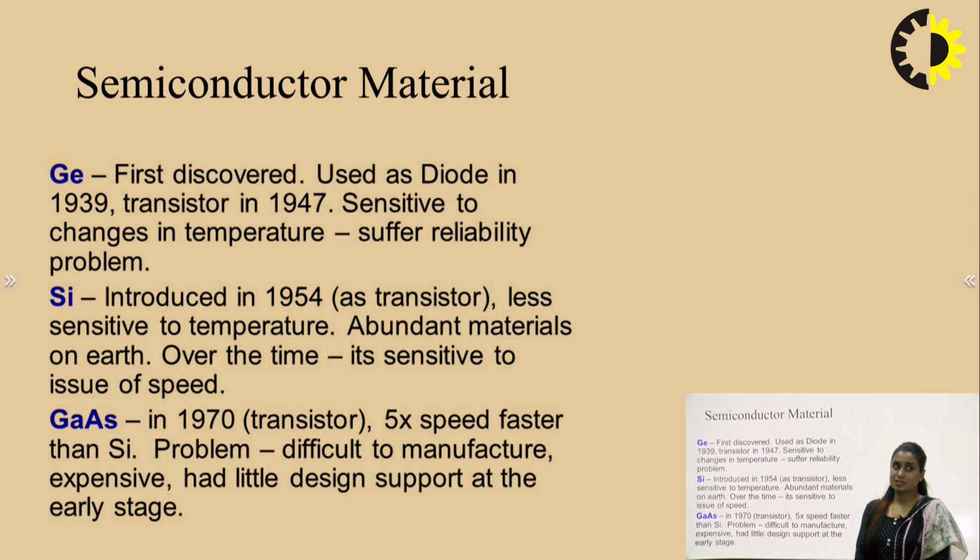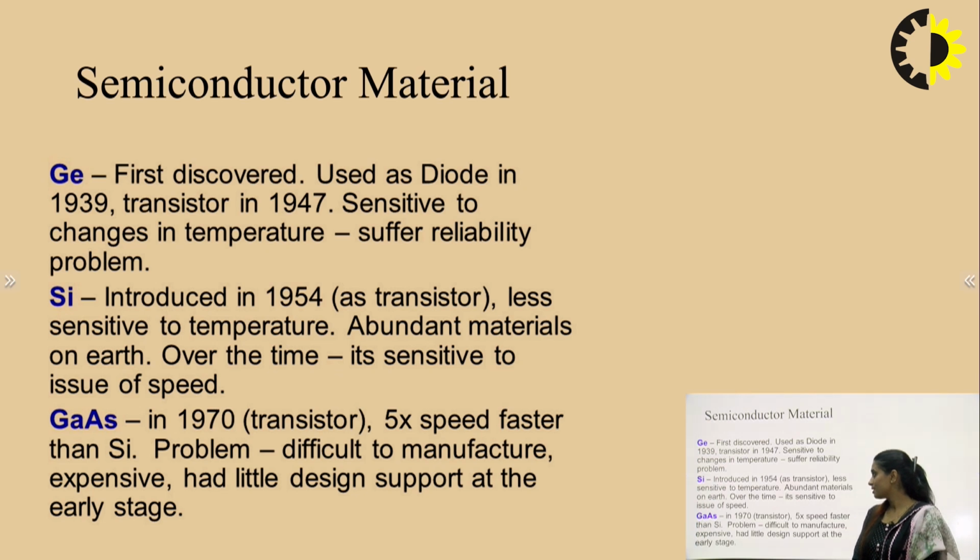Germanium was first discovered. It was used in 1939 as a diode and as a transistor in 1947. It is too sensitive to temperature changes, so it suffers reliability problems because of its higher temperature sensitivity. Silicon was introduced in 1954. It was used as a transistor. It is less sensitive to temperature. It is abundantly available.